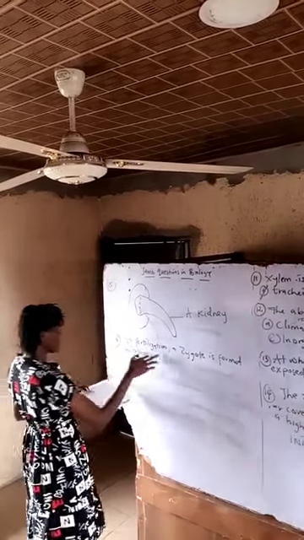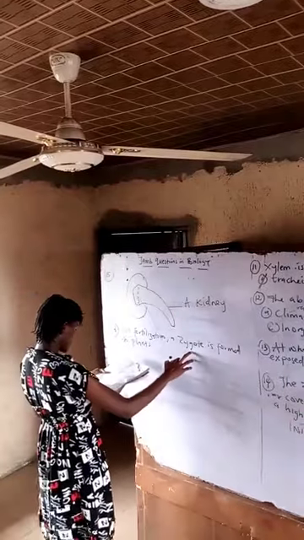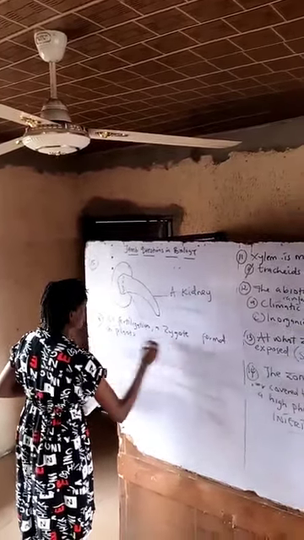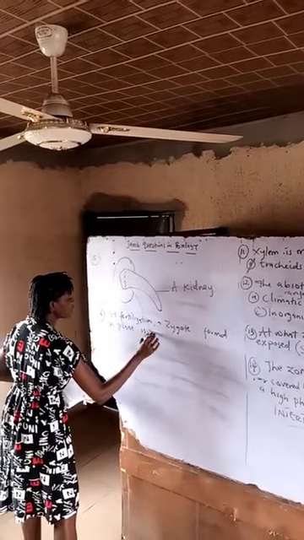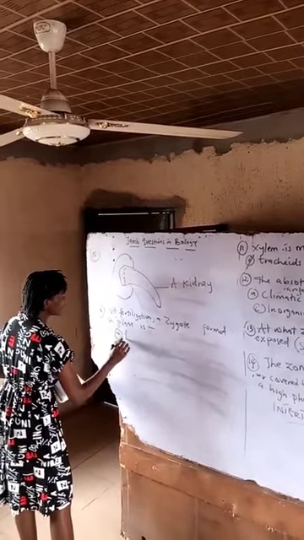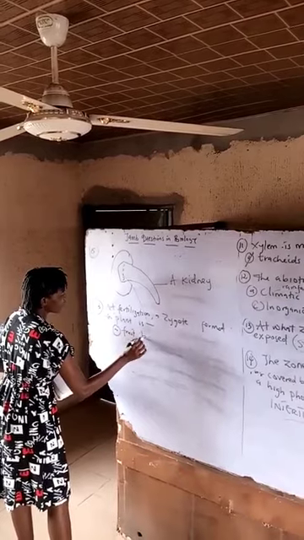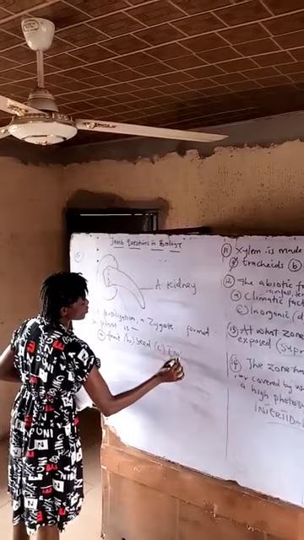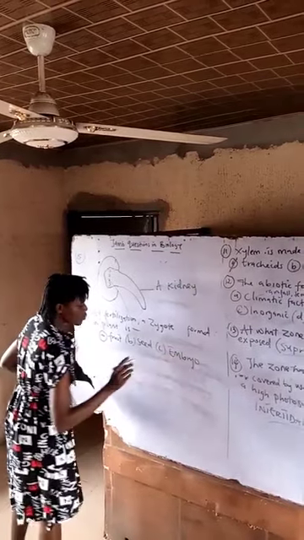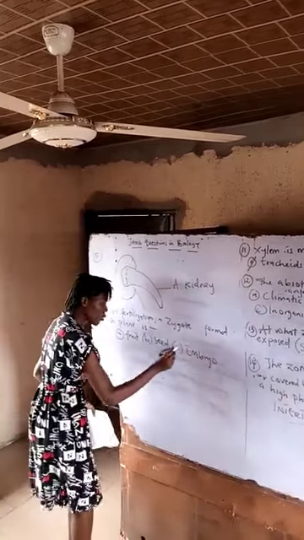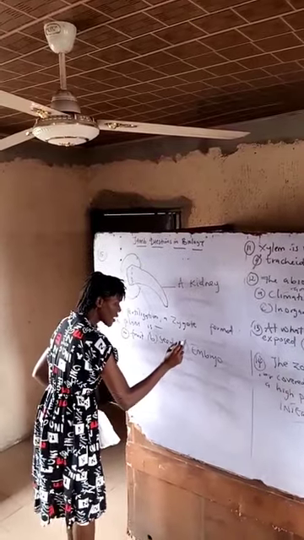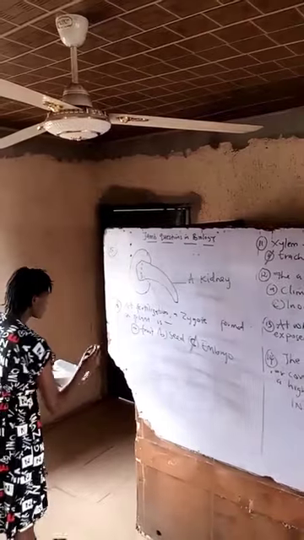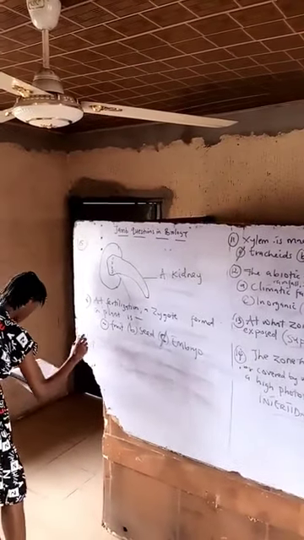A, fruit; B, seed; C, embryo. Please, the answer is what? Embryo. The answer is embryo. Please take note, embryo.